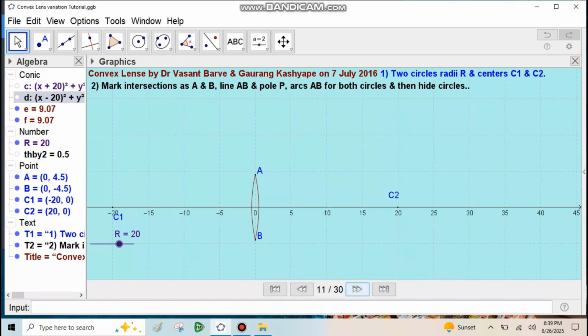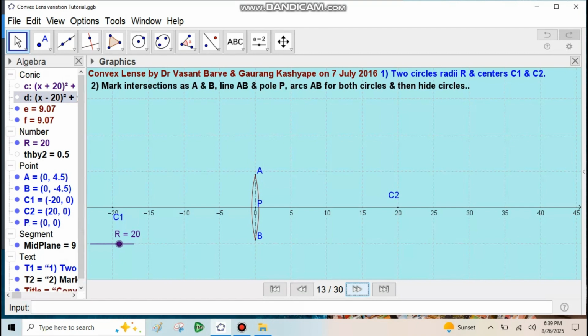You also can do it at home, these things. Now I am drawing the center line of the lens and we mark the pole, that is the center of this particular convex lens. Now the foci F1 and F2 are the midpoints of PC1 and PC2.